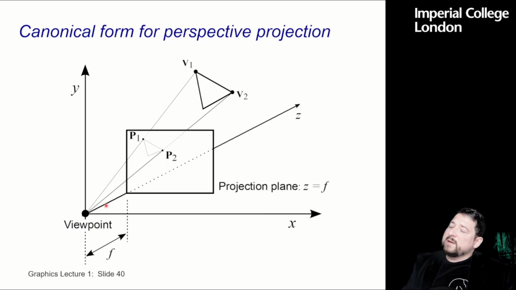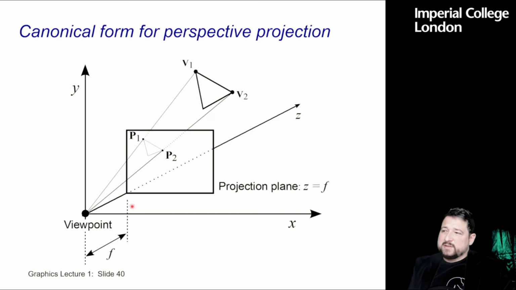So what happens now is that all the view rays hitting me are starting in a real viewpoint. They are not parallel anymore, these view rays. And what also becomes obvious is that if you have this parallel plane at a certain distance, that distance, if we call it f, has a big influence on how this projection will work out from 3D to 2D.